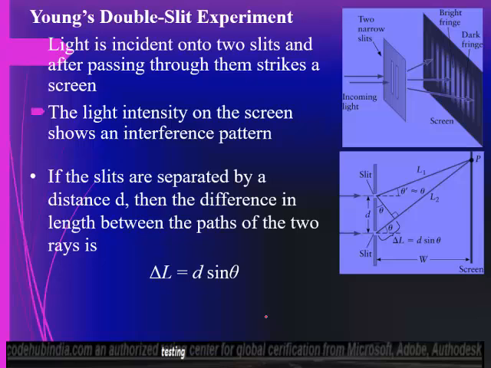Take a particular distance, then this is L2, this is L1, then the total length is also L1 to L2, and this is the d. Then this is the hypotenuse, and L equal to d by hypotenuse, and you get this.